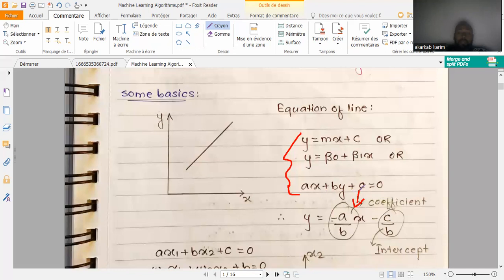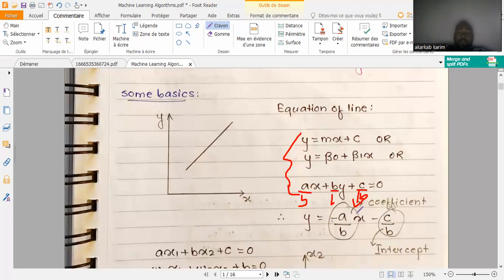What we need to do is just divide all of this equation by b, and that's what we do here: a divided by b, and also b divided by b, and c divided by b.